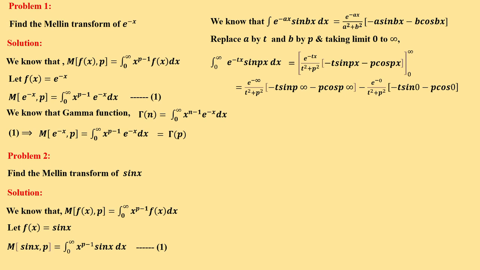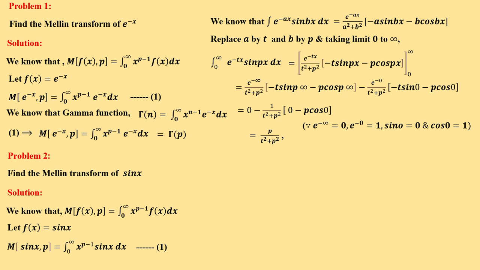In the second term e power minus 0 is 1, sin 0 is 0, cos 0 is 1. So this becomes 0 minus 1 by t square plus p square into minus p cos 0, so that is plus p divided by t square plus p square.